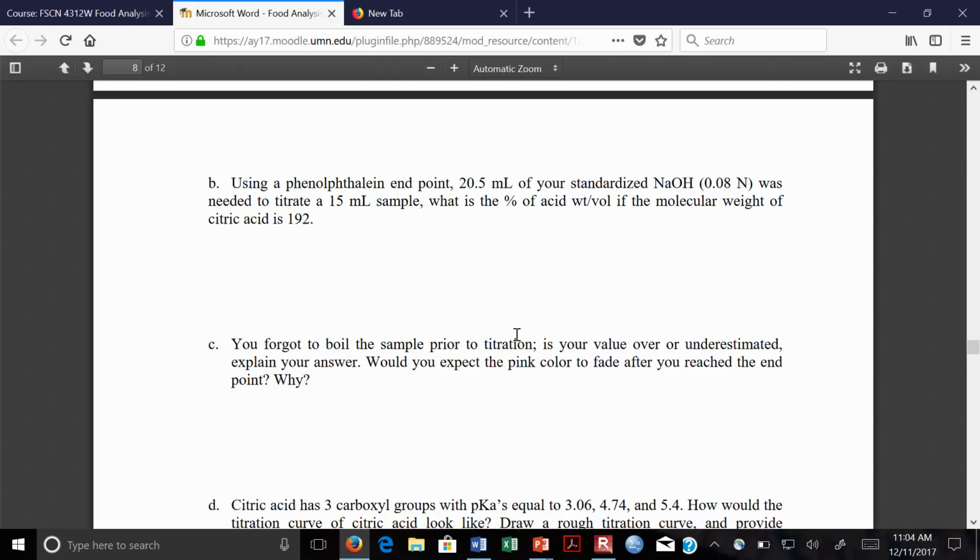So this would be a complete graph. You have 20.5 milliliter, you need to show that you did that at pH 8.2. And then 3 pKa's, pKa1, pKa2, pKa3. That's a complete figure.